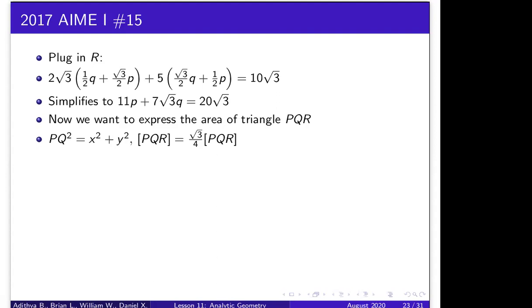And also that should say the area of PQR is root 3 over 4 times P squared plus Q squared, and not root 3 over 4 times the area of PQR. But yeah, so basically we want to minimize P squared plus Q squared subject to the condition 11p plus 7 root 3q equals 20 root 3. Right, so how do we do this?